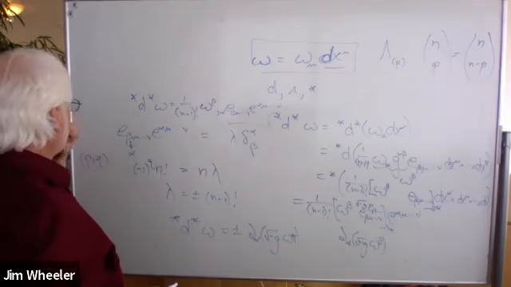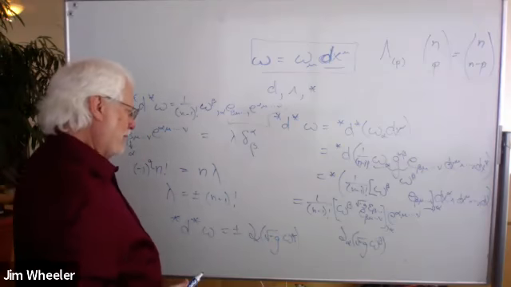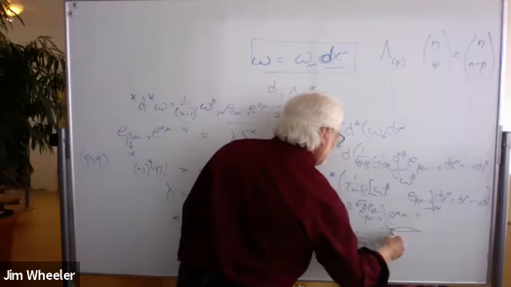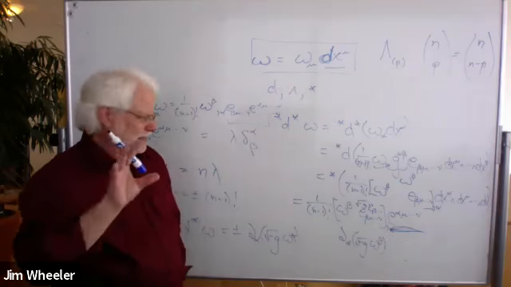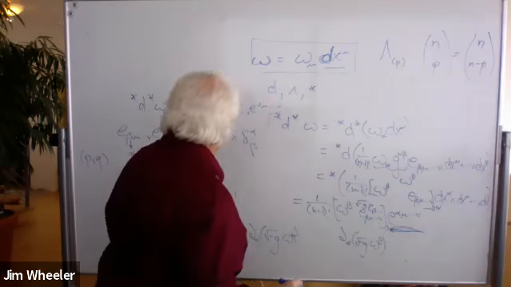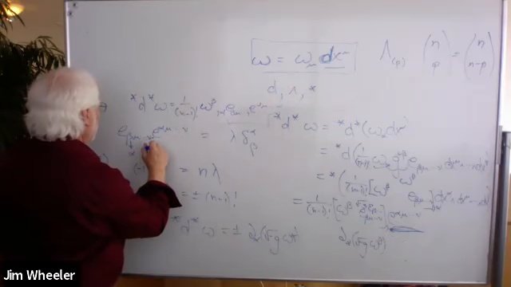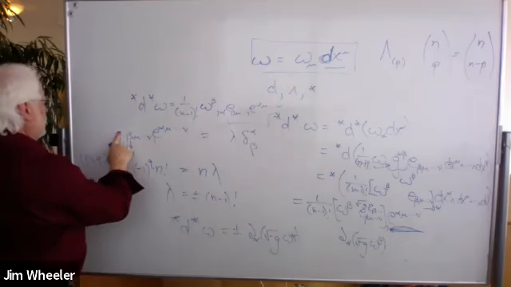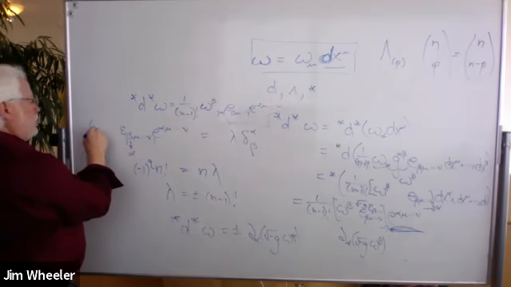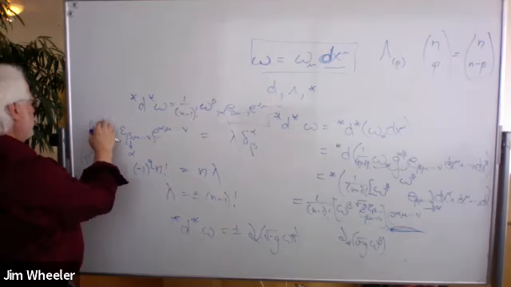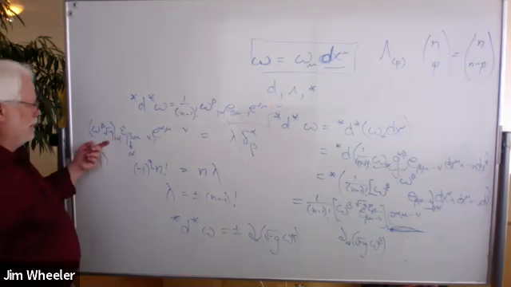Let me see now, where does the 1 over root g come in? It's sitting right here. Yeah, I made a bit of a muck of this. Sorry. The point is, this is an epsilon. I have a coefficient here that's beta root G comma alpha.